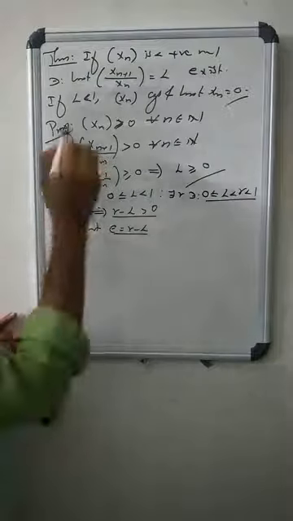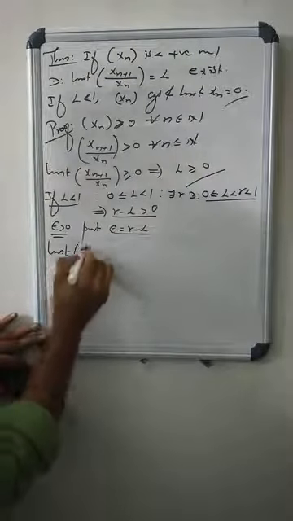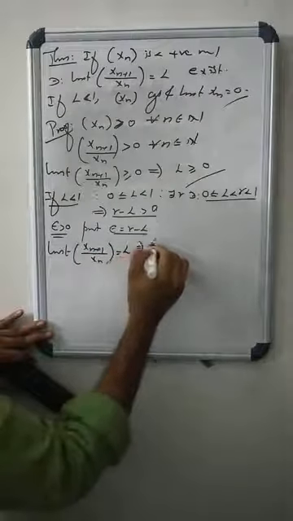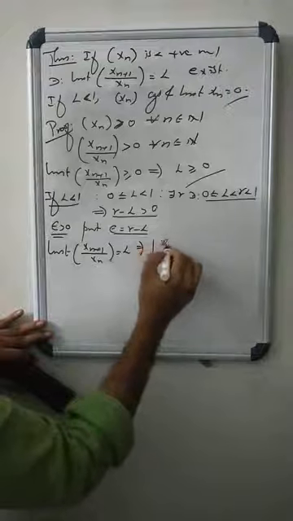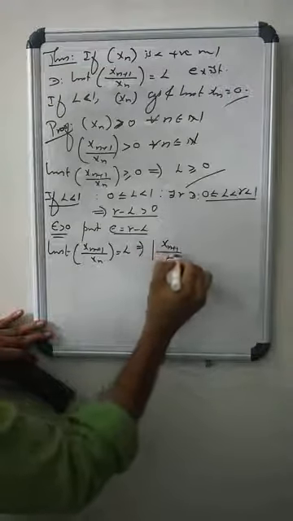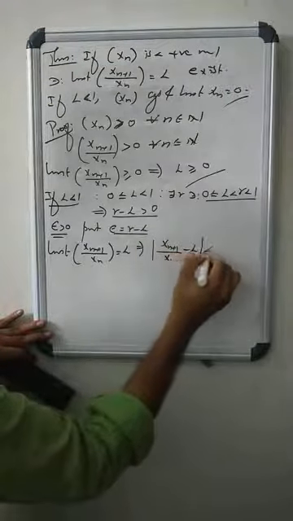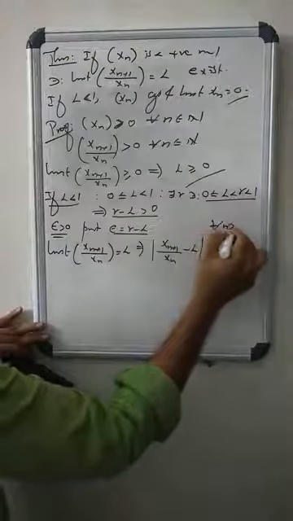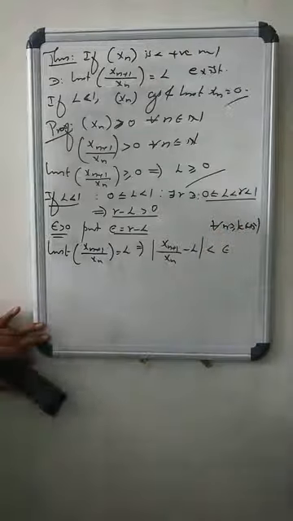But what is the limit? The limit is given: limit x_{n+1}/x_n equals L. That means for all epsilon positive, modulus of x_{n+1}/x_n minus L is strictly less than epsilon for all n greater than or equal to some k in N, by definition.